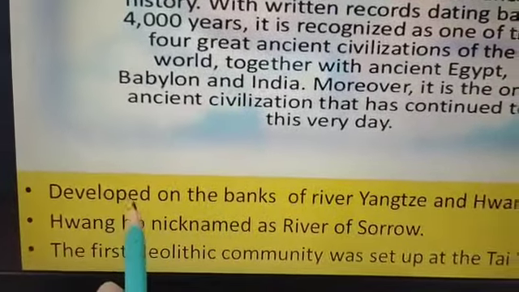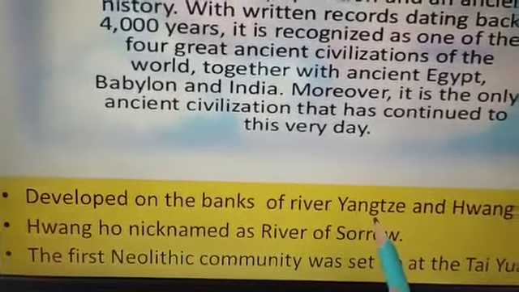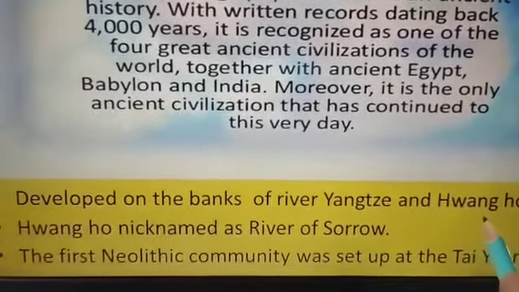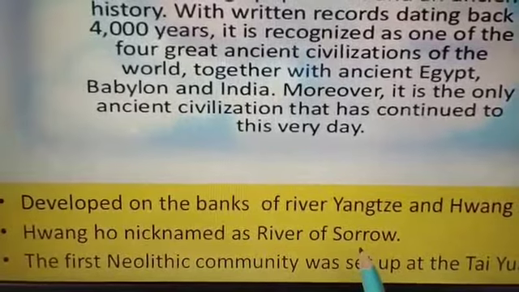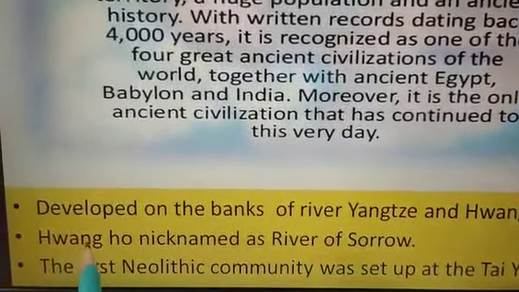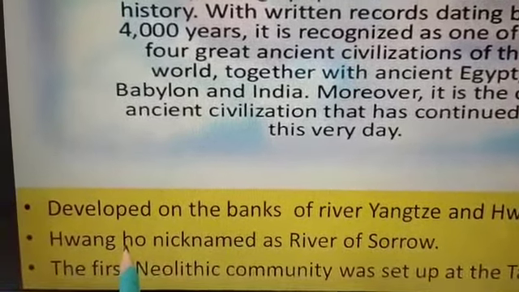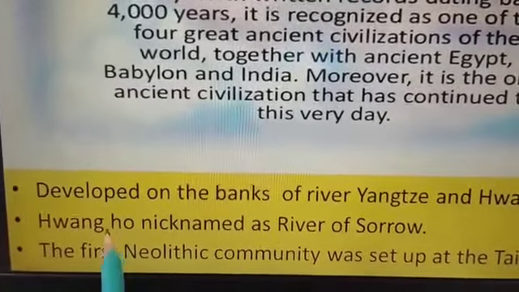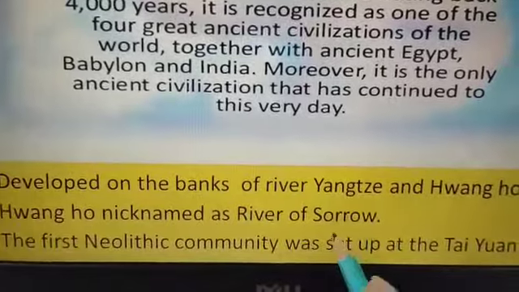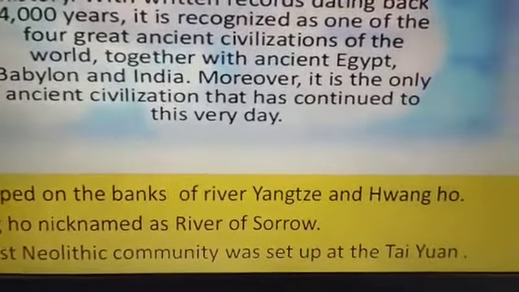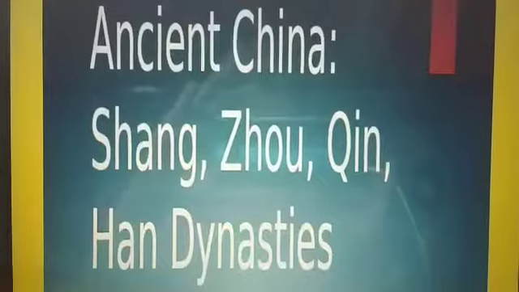This civilization developed on the banks of the river Yangtze and the river Huanghe. Because of that, it is also nicknamed the river of sorrow, because there was a regular flood every year in the river Huanghe. The first Neolithic community in China was set up at the Yuan Dynasty.